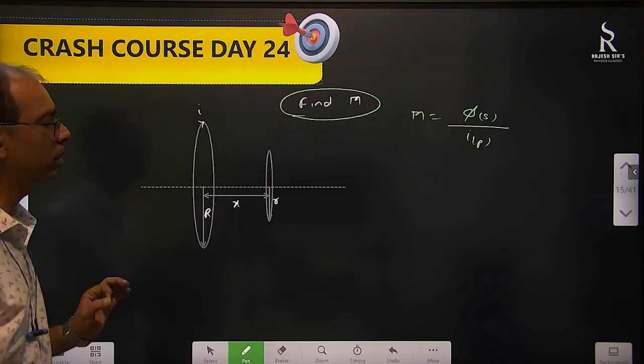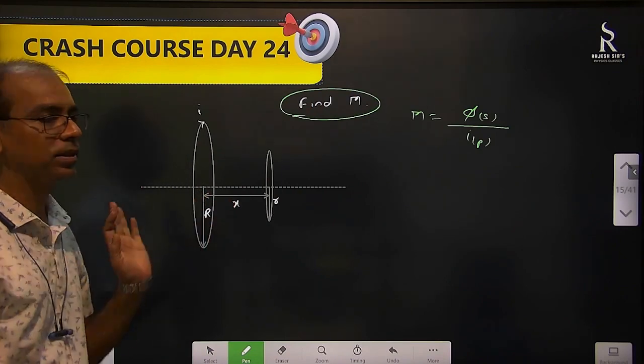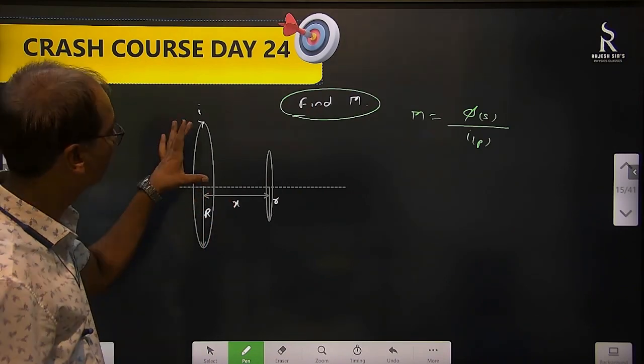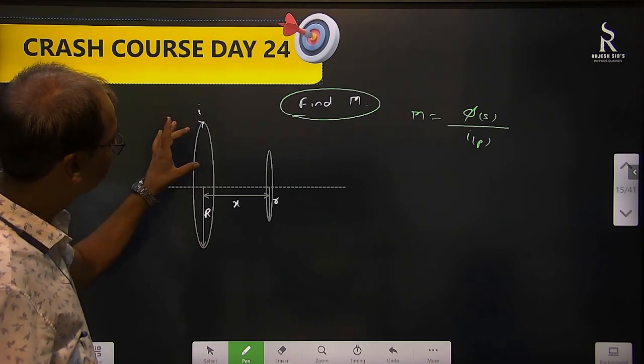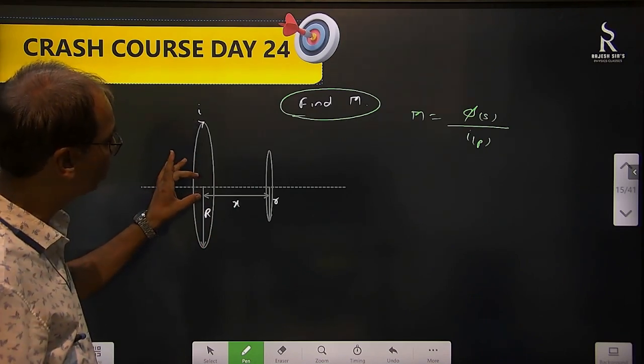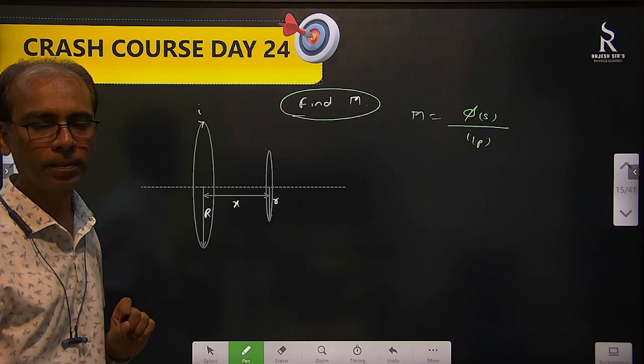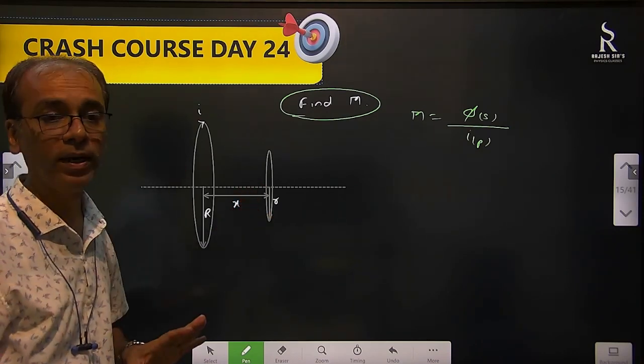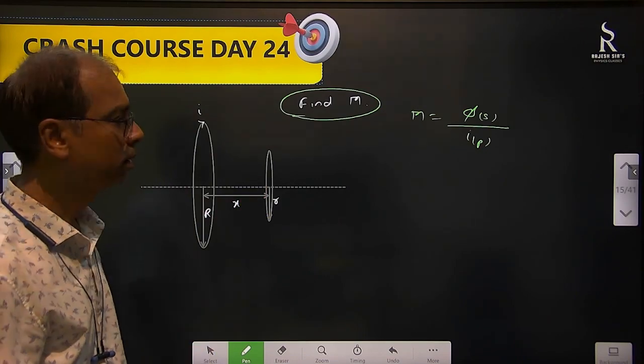In this particular question, you see that this distance is given as X. That means they are not very close to each other. I can't say that whatever is the magnetic field at the center of this coil, the same will be here. So I have to find the magnetic field at its center, and we know the formula. Nothing new.